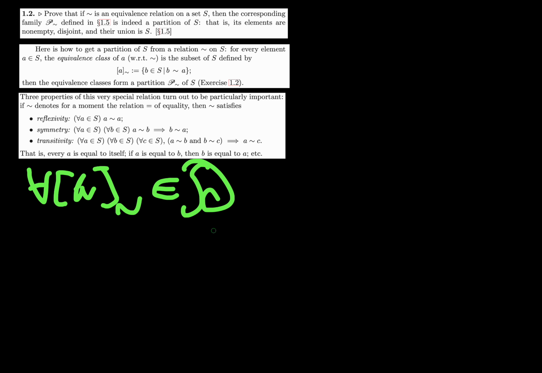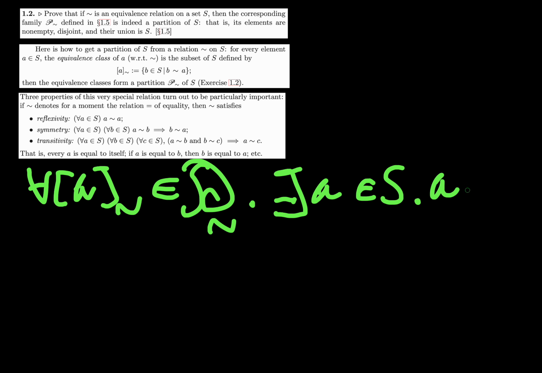So for every element of the partition, or we don't know if it's a partition yet, but of P under tilde, the set of equivalence classes, there exists at least one A, element of S, such that A is an element of the equivalence class of A. Because we know that A is always equivalent to itself. So this follows from reflexivity.